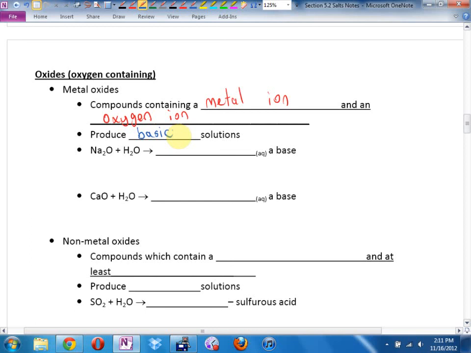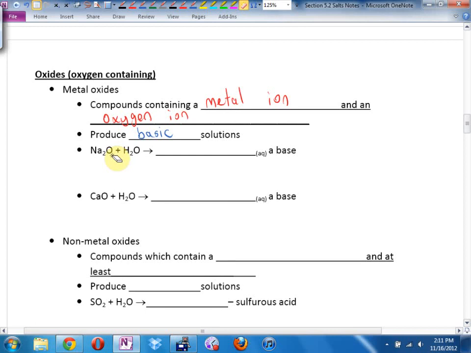Say what? Show you. What's that? We're going to mix it with water. What's this? It's an oxide. How do I know? It's got oxygen in it.